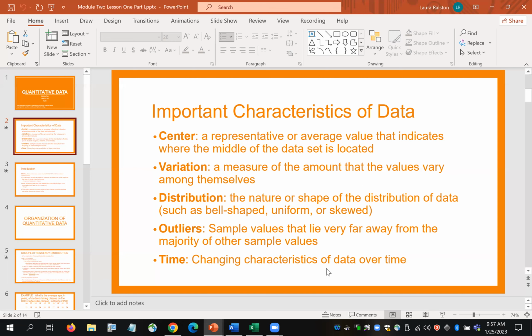Then we have outliers. Outliers are data values that just don't seem to fit. They don't go with the rest of the data. If we're again looking at ages of students in fall 2021, and I had a student that was maybe 80 years old, that's a little odd and would likely be very unusual.